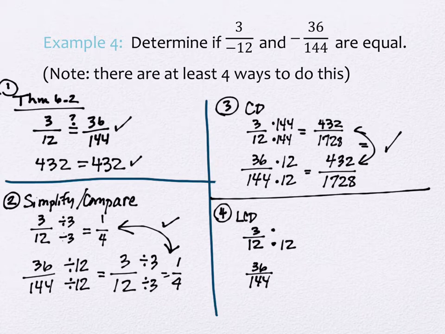If we multiply the denominator, we have to multiply the numerator. And that gives me the same 36 over 144 that I had before. So they check out to being equal. Any questions on those?